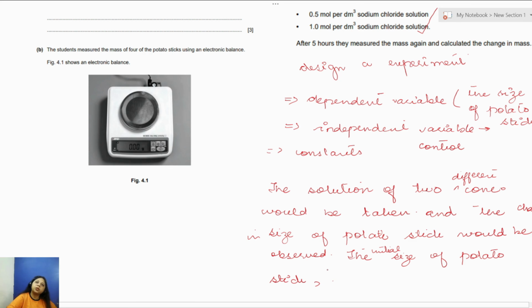No, we have to mention all, whatever is required, as many as we can. Okay. Second thing, the time for which these sticks are immersed in solution.